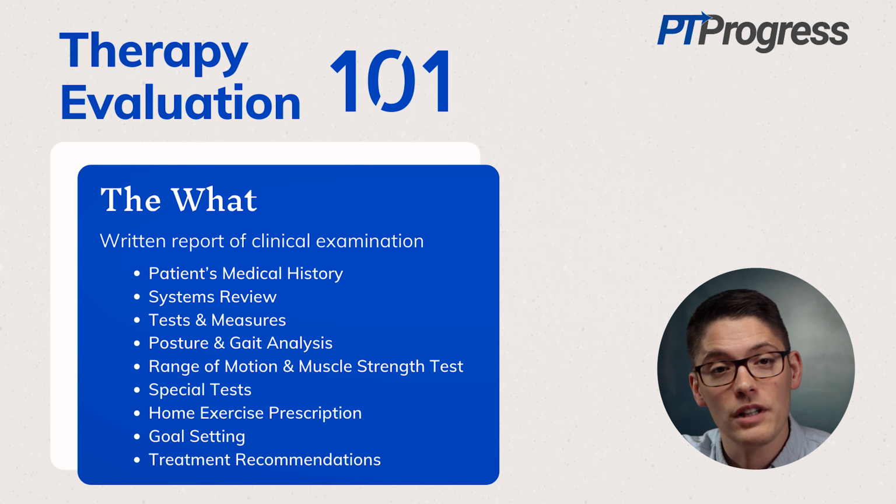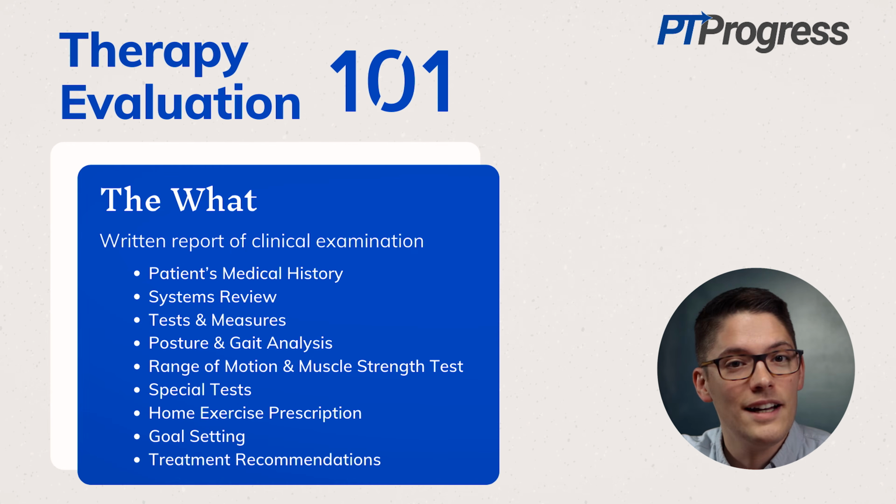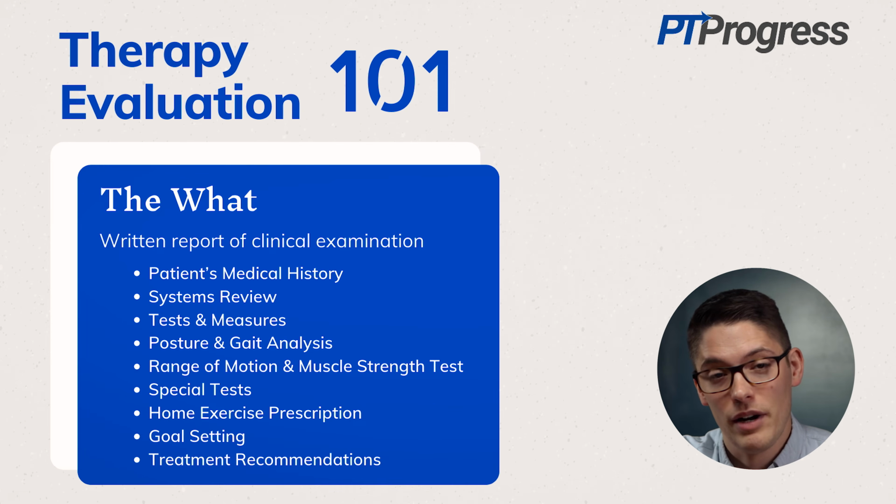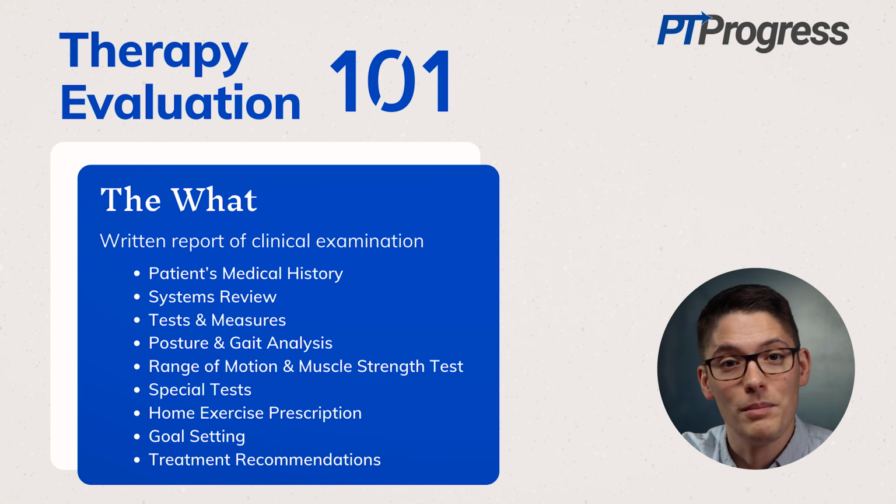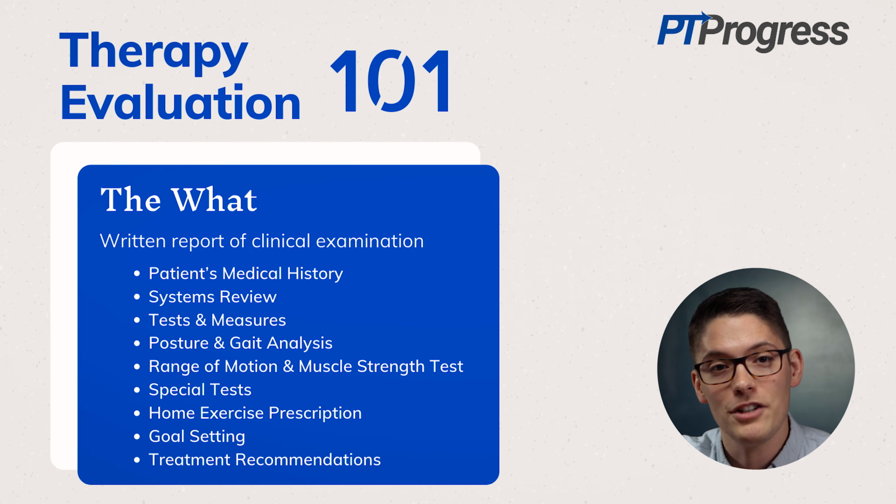In terms of the clinical examination, most clinics set aside 45 to 60 minutes for the initial exam, during which you may cover the following information: the patient's medical history, a systems review, tests and measures, posture and gait analysis, range of motion and muscle strength testing, special tests, home exercise prescription, goal setting, and treatment recommendations. It can be a tough thing to remember all of these items during your exam, so it's good to have a checklist or a template to follow during your examination.